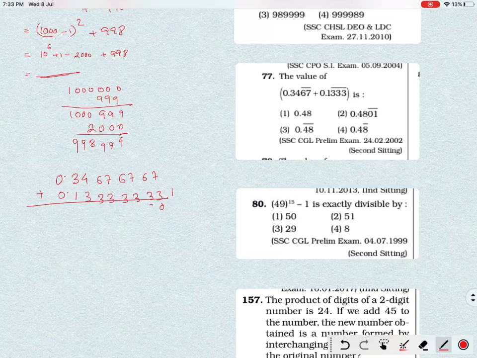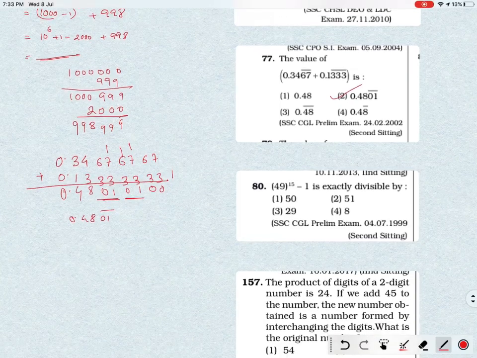Repetition of 01 is seen, so this one is 0.4801 bar. Option number 2 is correct.